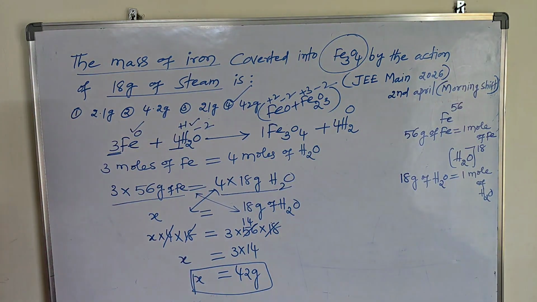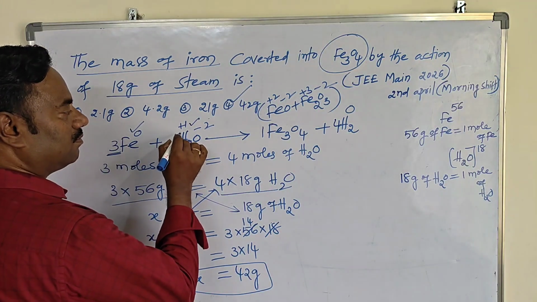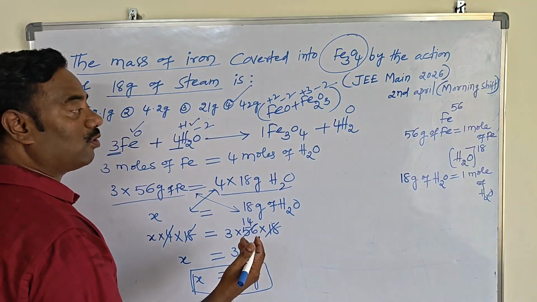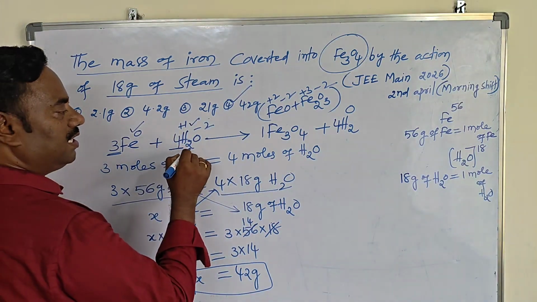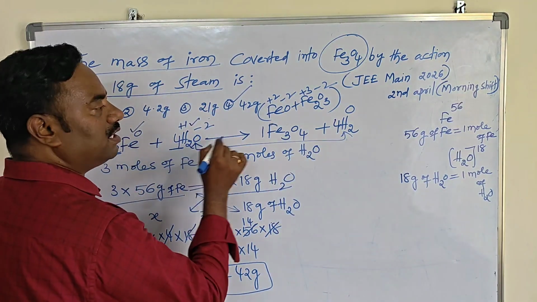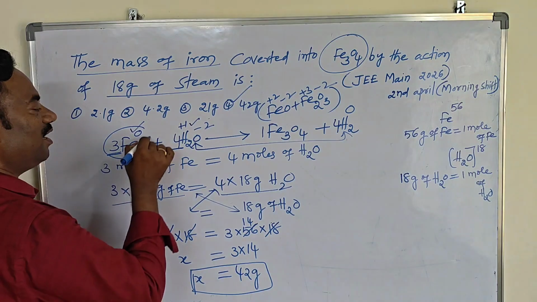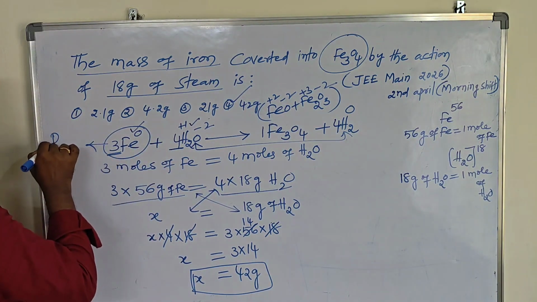H+1 is converted into 0, which means gain of electrons, which means reduction. Who gave that electron? Iron gave the electron, so iron is the reducing agent.